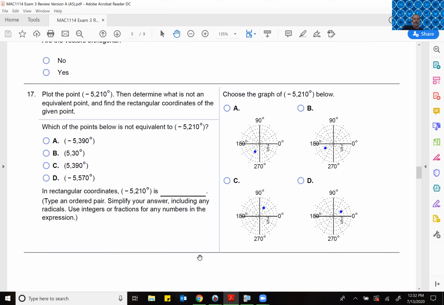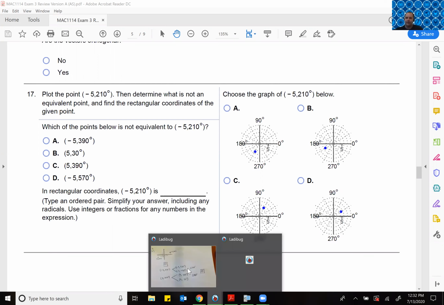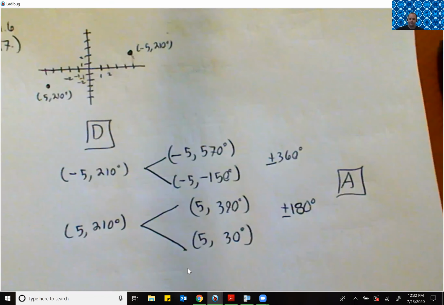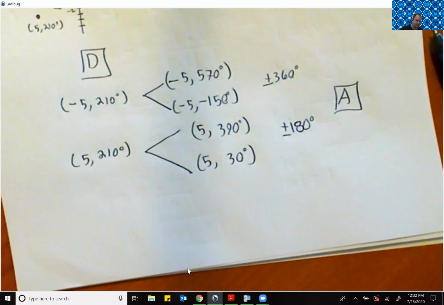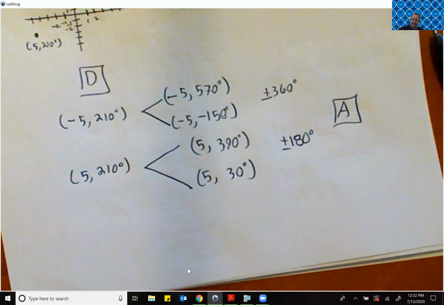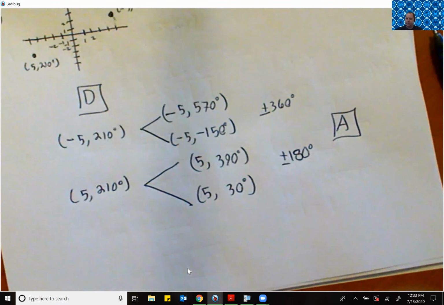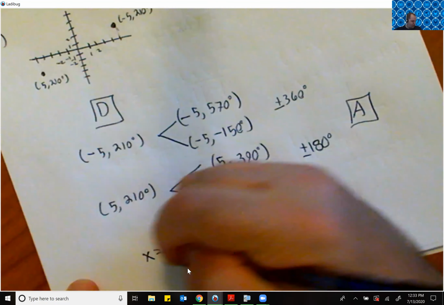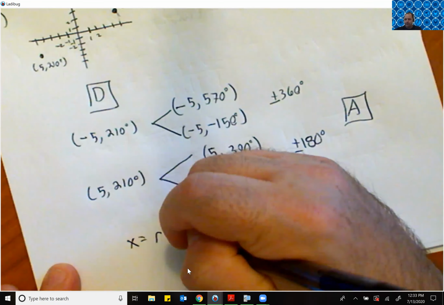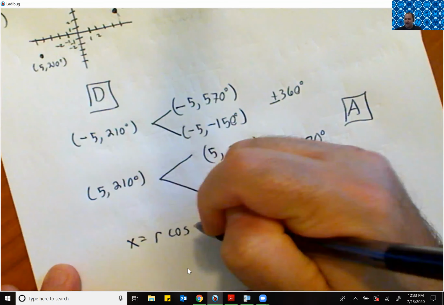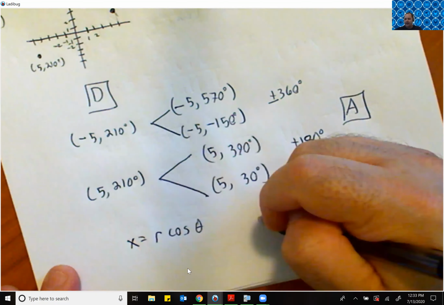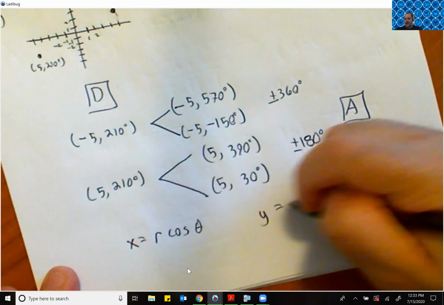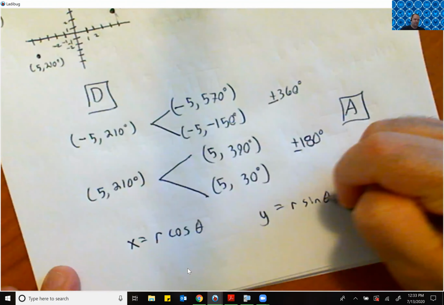And then last but not least, we want to turn this piece into a rectangular coordinate. In order to do that, we have two formulas. X is equal to R cosine theta, and Y is equal to R sine theta.